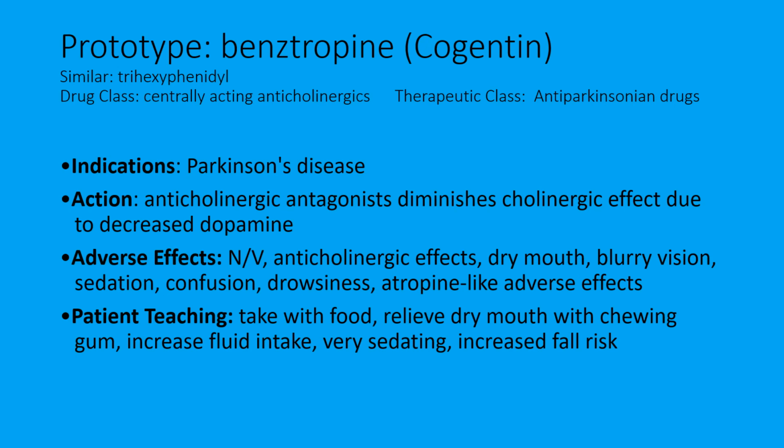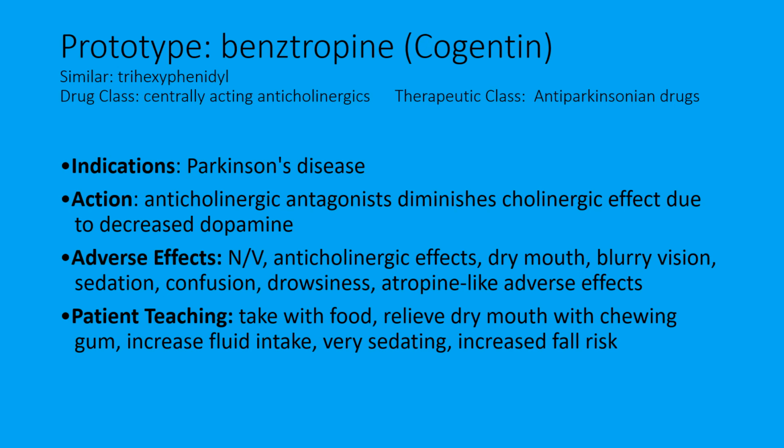Okay? So it blocks the effect of the cholinergic system that has occurred because of the reduced dopamine levels. All the side effects are going to be from anticholinergic. So, what are anticholinergic side effects? Blurry vision, sedation, dry mouth, constipation, inability to urinate.